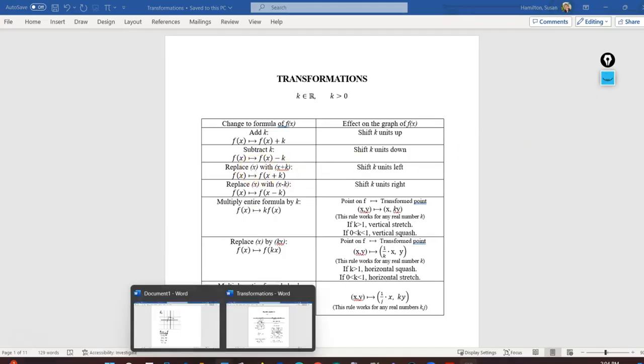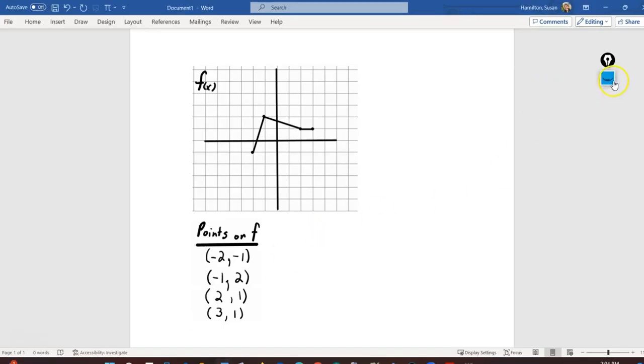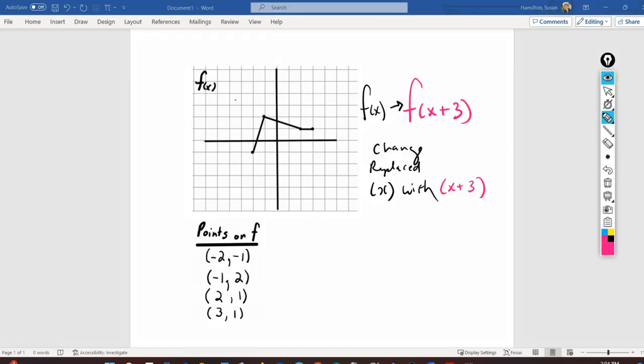So let's come back here, which is what has happened. And so we're going to take each point and we're going to shift left 3 units. So here I'm going to have 1, 2, 3.